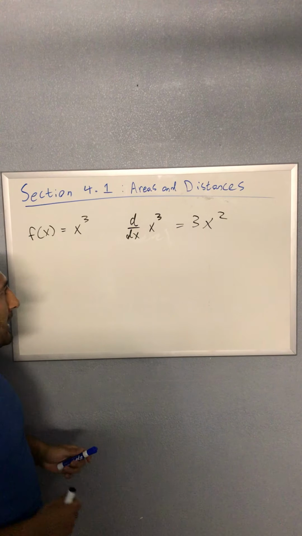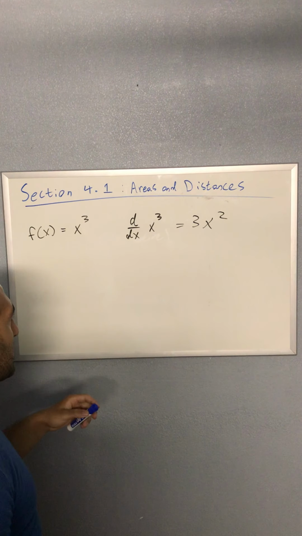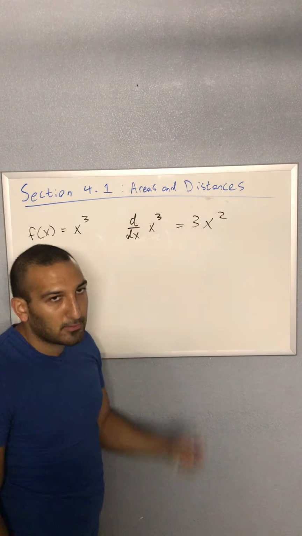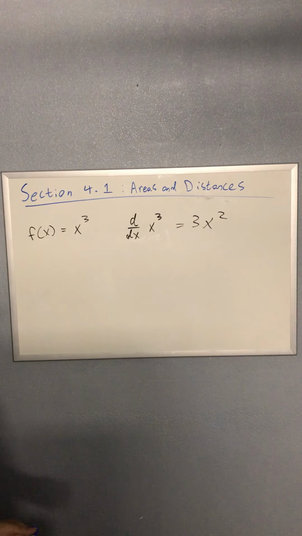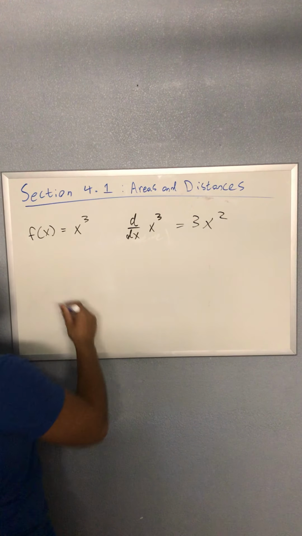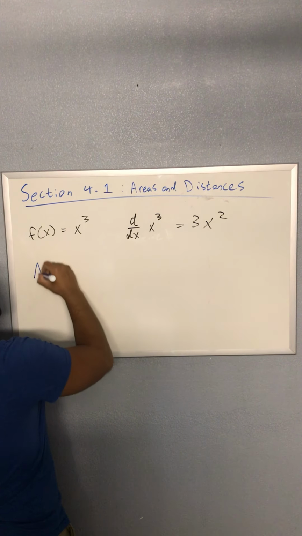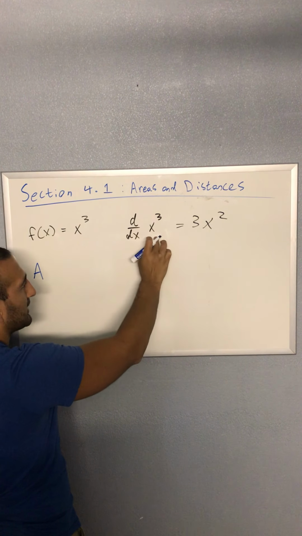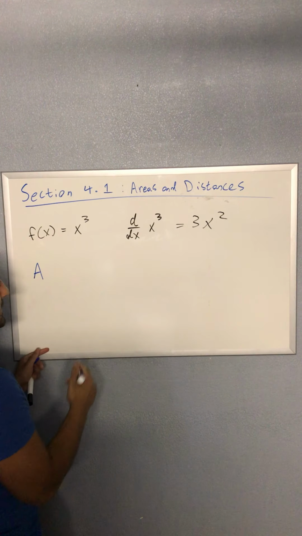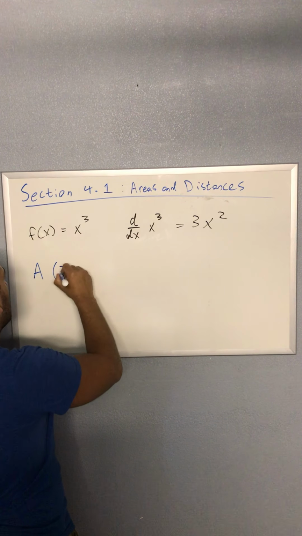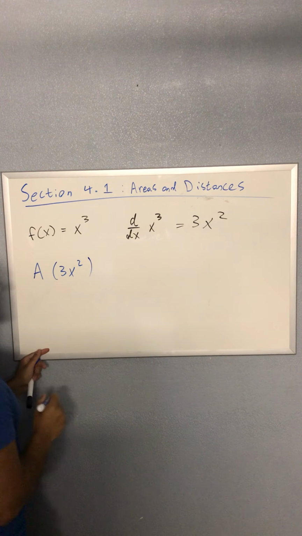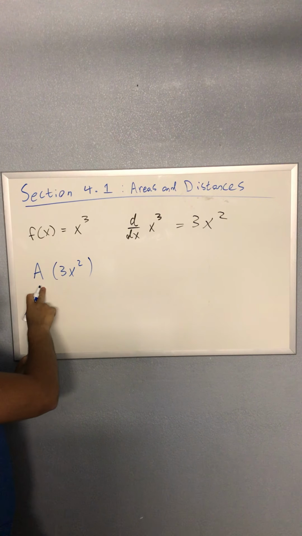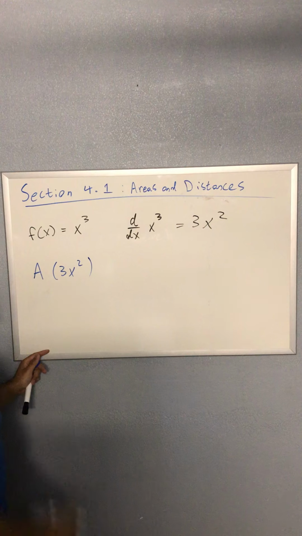Okay, now do you remember what happens when you take the antiderivative of this guy? So for now I'm going to use an a to mean taking the antiderivative, kind of like d over dx meant take the derivative. If we take the antiderivative of 3x squared, and this symbol will get replaced with something later, not yet, this a will go away.